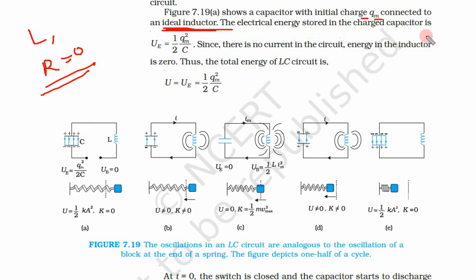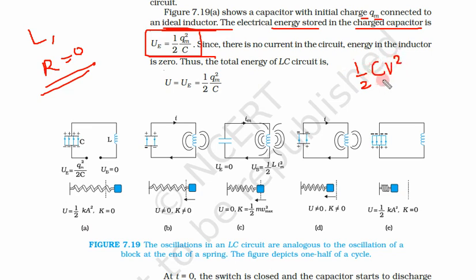The electrical energy is stored in a charged capacitor. The electrical energy stored in a charged capacitor is UE equal to half Qm square by C. We have already calculated the potential energy in a capacitor, half CV square, in chapter 2.